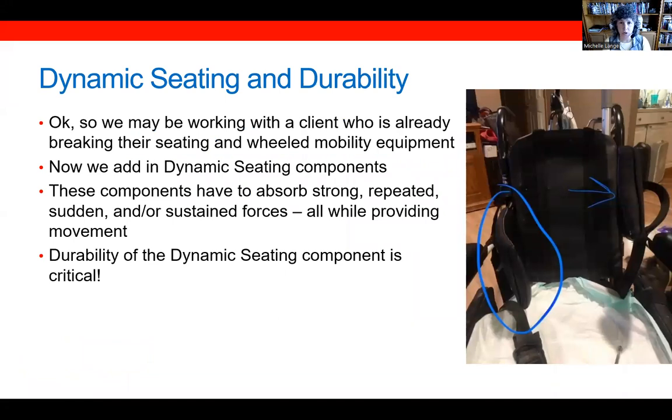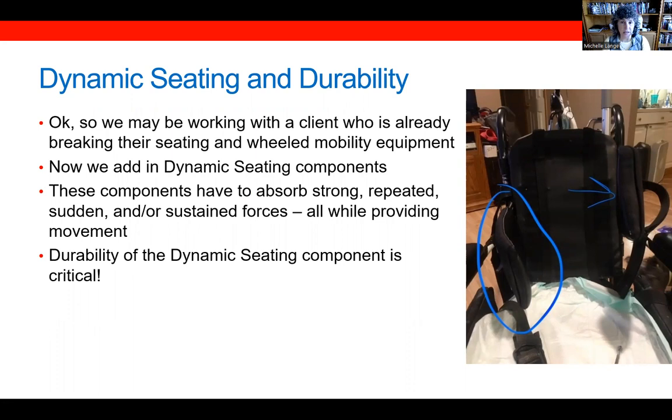So perhaps you're working with a client who has a history of equipment damage. They might have broken components of the seating system, the hardware that mounts the seating system to the frame, even the frame itself. And this might be due to very strong movements, movements that are repeated, movements that can be rather sudden or explosive, and some of the time could be sustained against this system.